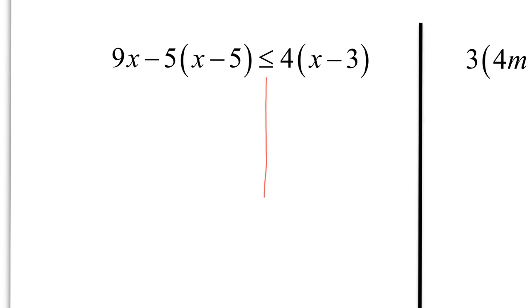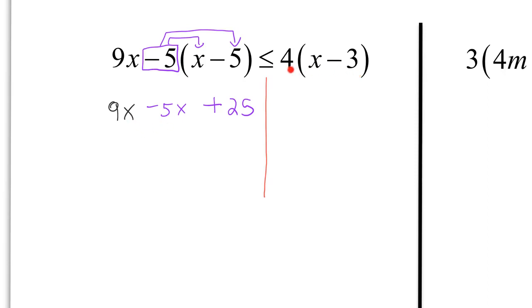I'm going to bring down the 9x and not do anything to it yet. But I will distribute the -5 times the x, that's a -5x here. And then you multiply the -5 times the -5 over here. That's a positive 25.